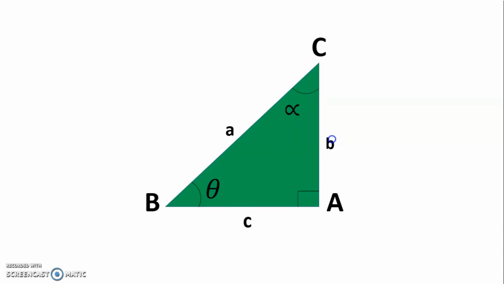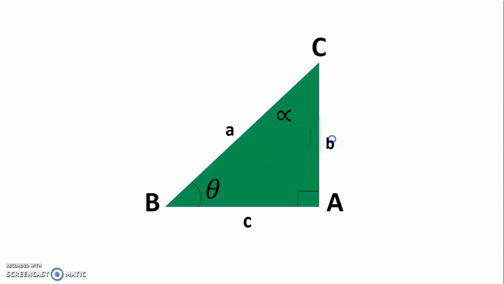Now, the side close to the angle under consideration is called the adjacent. So the side close to the angle under consideration is always called the adjacent. So this is what we have.